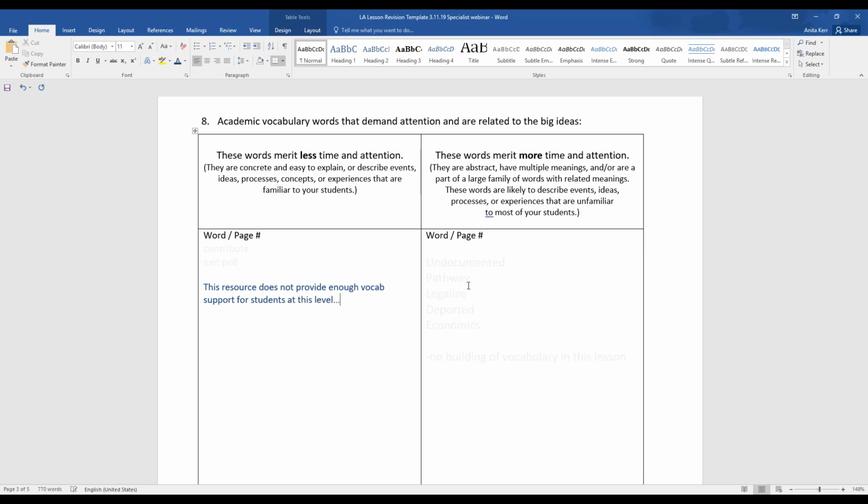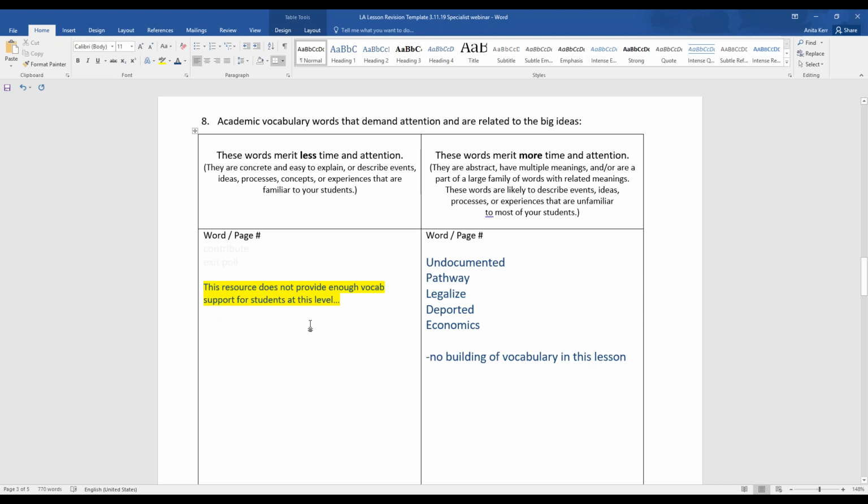And then we could put in all these words that we think would be really important to teach, like undocumented and legalized, right there in the title. Students might not know those words. Words like deported or economics, they might need help with some of that. But this phrase right here is kind of our takeaway theme. This resource doesn't do this particularly well, okay?